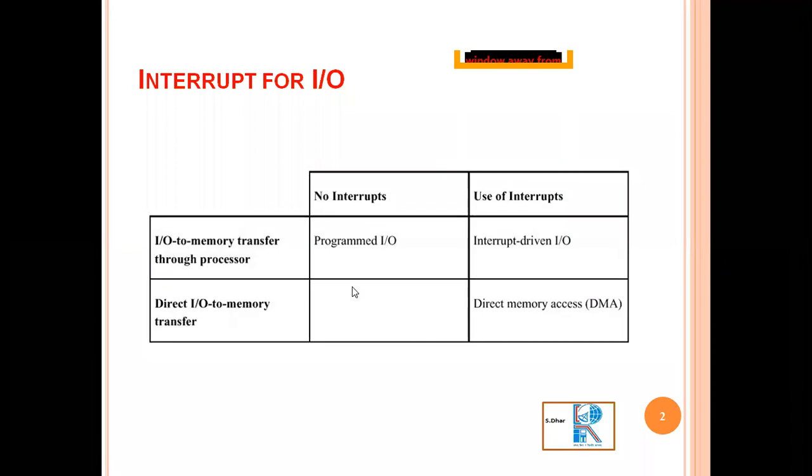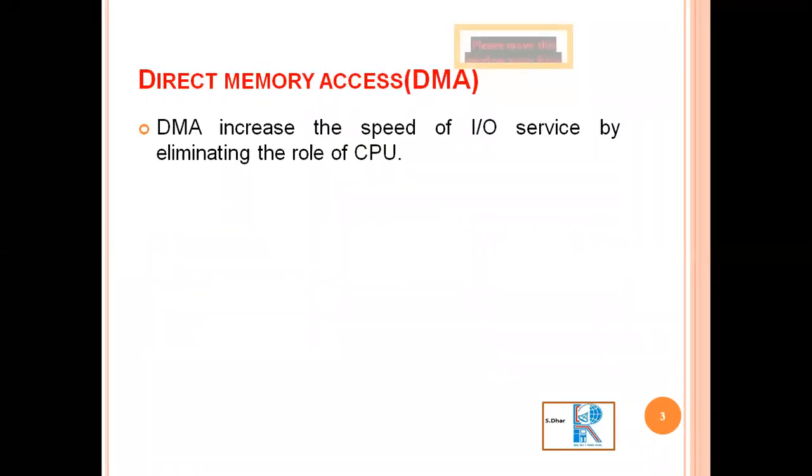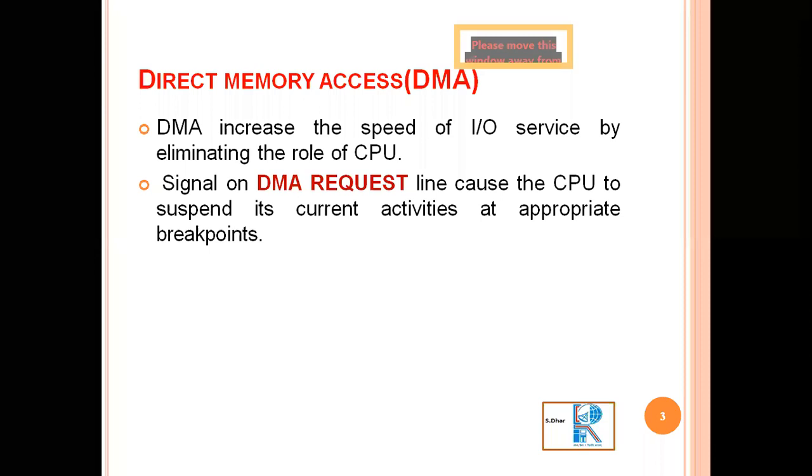In the previous cases, the CPU cannot do another task when the I/O device is working. But here the CPU can do another task, and in the meantime data can be transferred from I/O to memory or memory to I/O with the help of direct memory access. In that case, DMA will be the master of the bus. So see here how DMA operates.